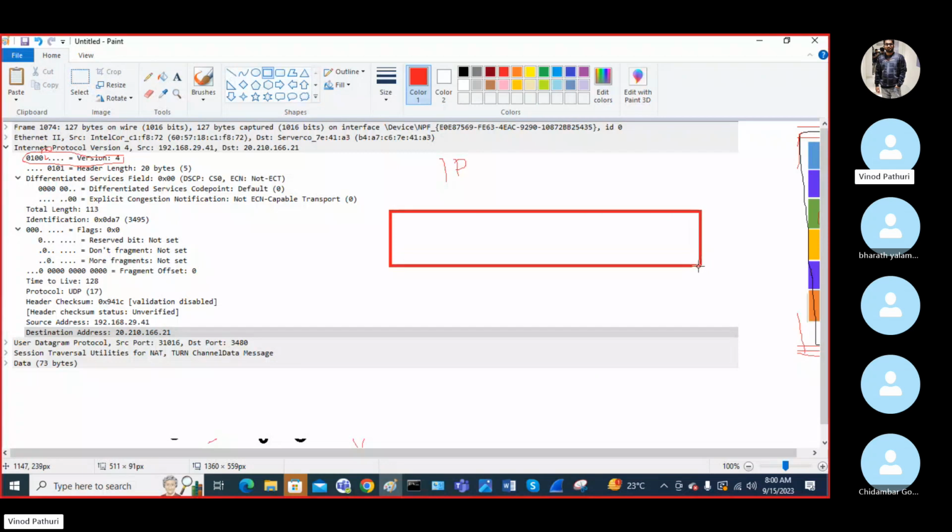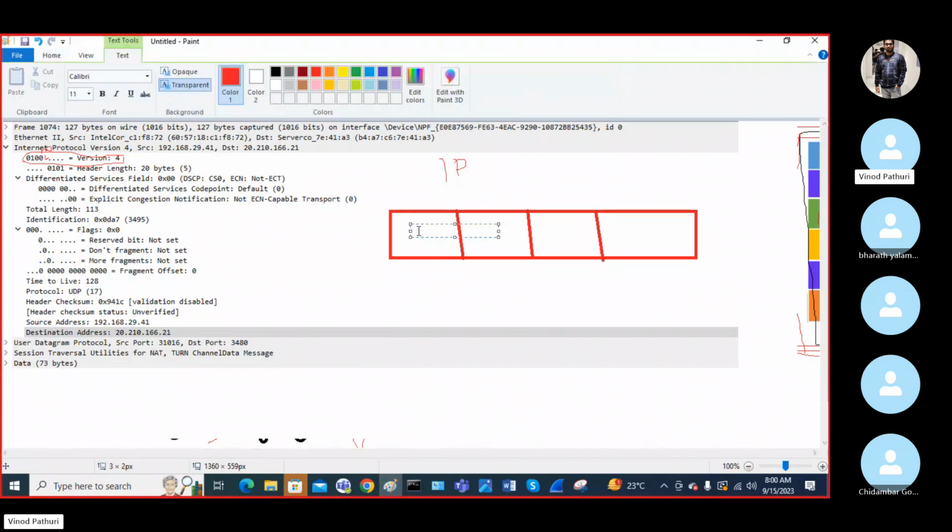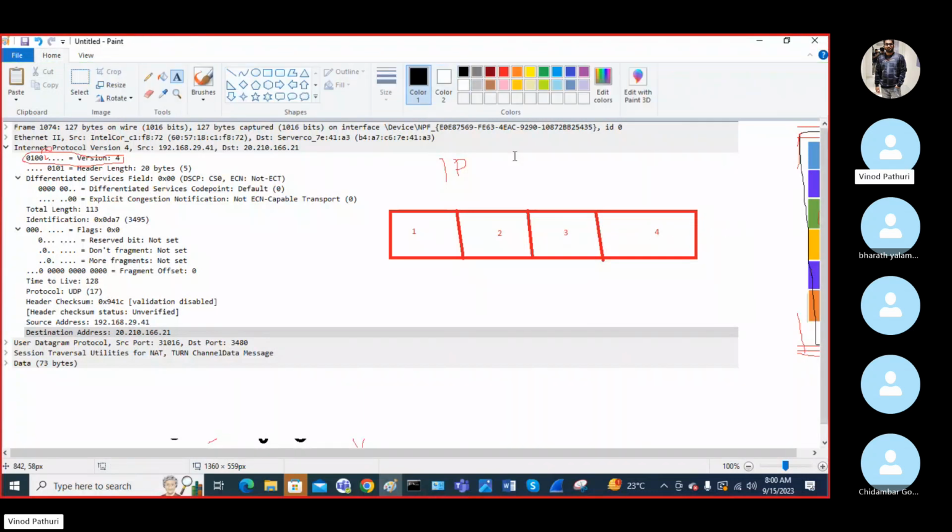For example, this is your IP packet: 1, 2, 3, and 4. So here the total IP is 32 bits.